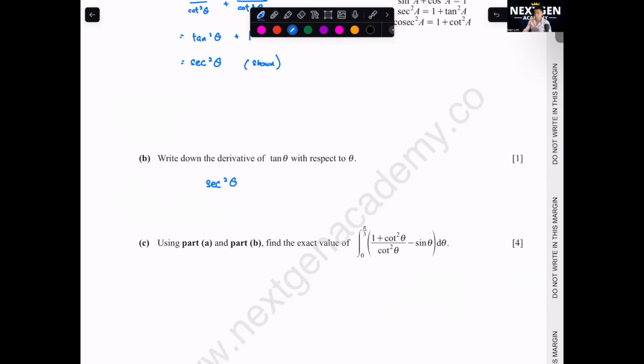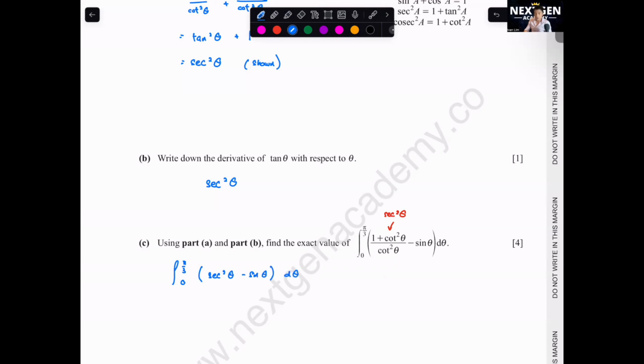We are going to replace this by sec square theta first, because that was proven in A. So integrate from 0 to pi over 3, sec square theta minus sin theta d theta.